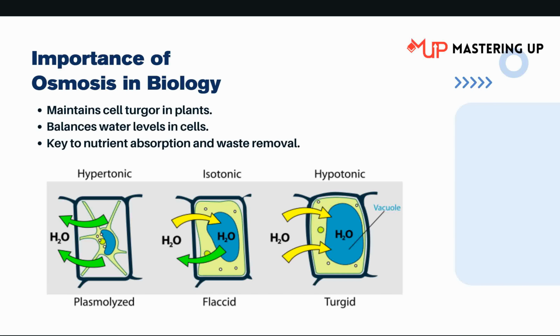Now let's see the importance of osmosis in living organisms. First, we can consider the animal cells. In animal cells, osmosis helps regulate the water content of cells, thus maintaining their shape and internal environment.